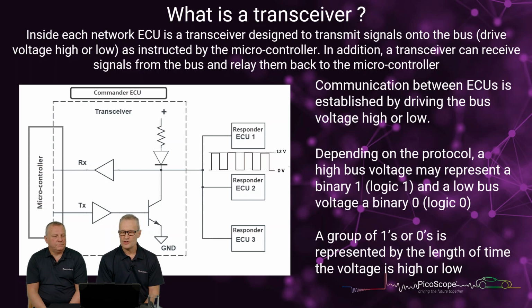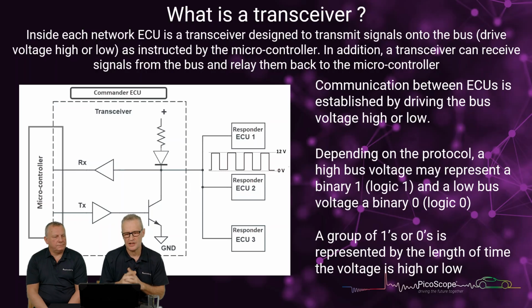A group of 1s or 0s is represented by the length of time the voltage is high or low. So let's just think about that for a second. Not only do we have a change of state representing a high and a low, if we are high for a certain amount of time, that may be a group of 1s. So now we're getting more messaging across, all in a single pulse.